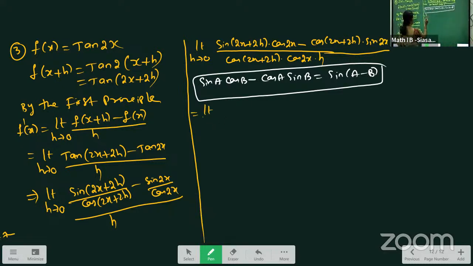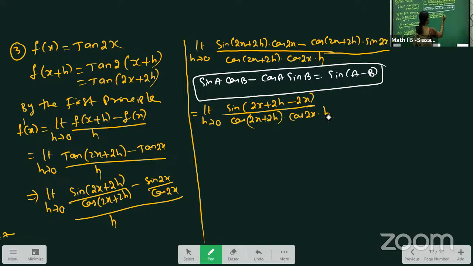Limit h tends to 0. Sin of A minus B, we can write the numerator, so that is sin of 2x plus 2h minus 2x. The denominator as it is, cos of 2x plus 2h into cos 2x into h. Here the 2x cancels. There are three trigonometric terms.